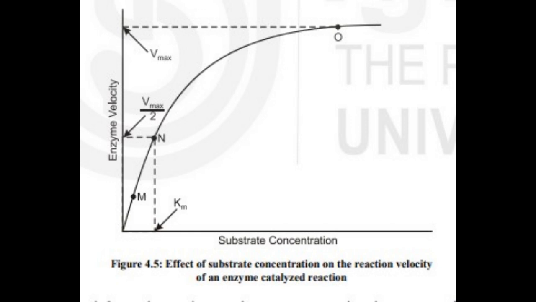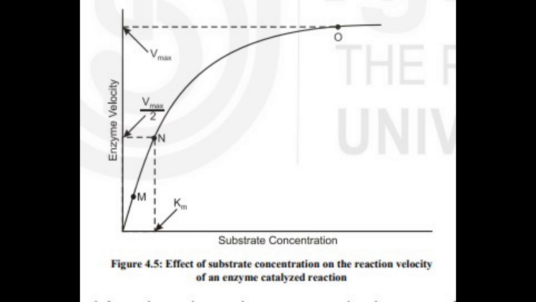Let us examine enzyme kinetics as a function of the concentration of substrate available to the enzyme. The enzyme-substrate interaction may be studied with the help of figure 4.5. In this graph, substrate concentration and velocity of reaction of the enzyme catalysis have been shown on x and y axis, respectively.